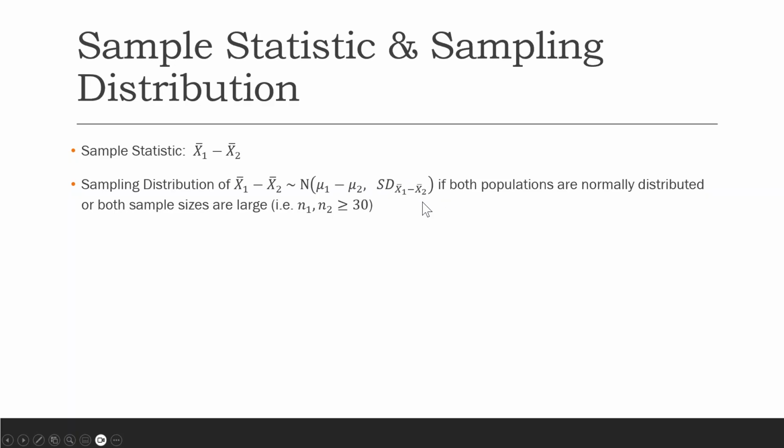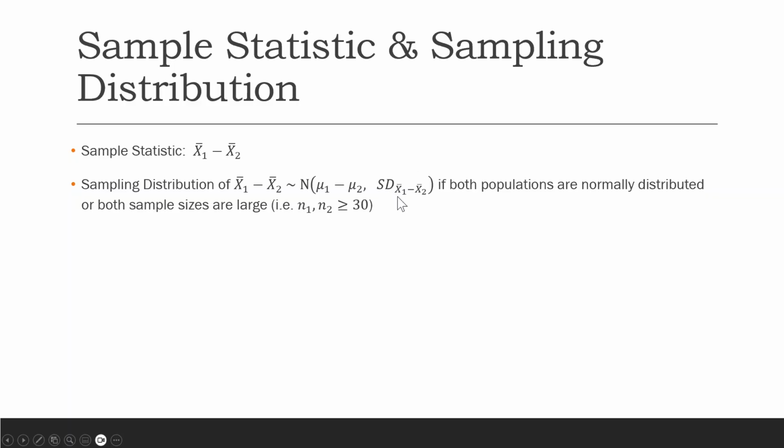This is the notation I'm using in this video. It's slightly different from the notation that you see in your textbook. They give the standard error of the mean, which is the estimate of the standard deviation of your sampling distribution, as just s sub x bar minus x bar.